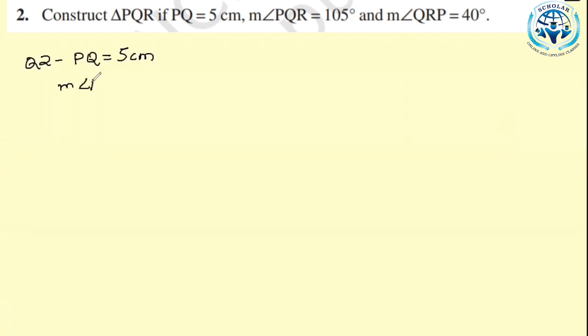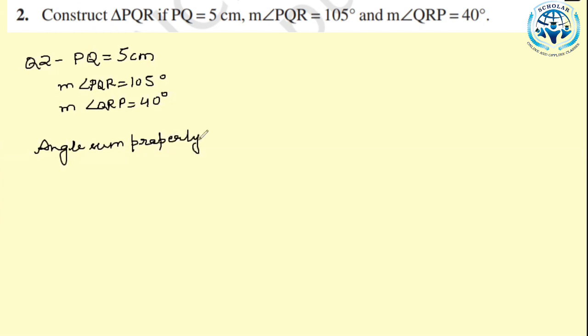In question number 2, PQ is equal to 5 centimeters, angle PQR is equal to 105 degrees, angle QRP is equal to 40 degrees. By angle sum property, angle PQR plus angle QRP plus angle QPR, these three angles is equal to 180 degrees.